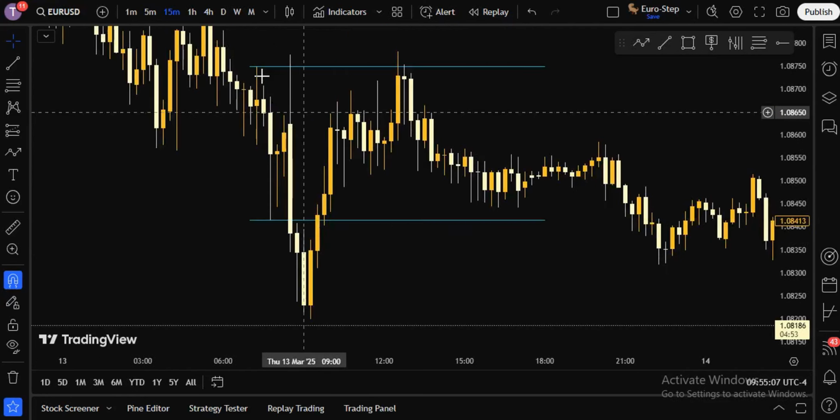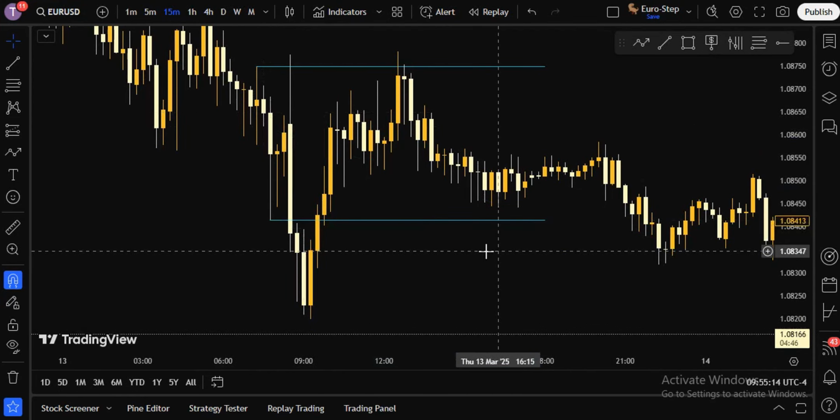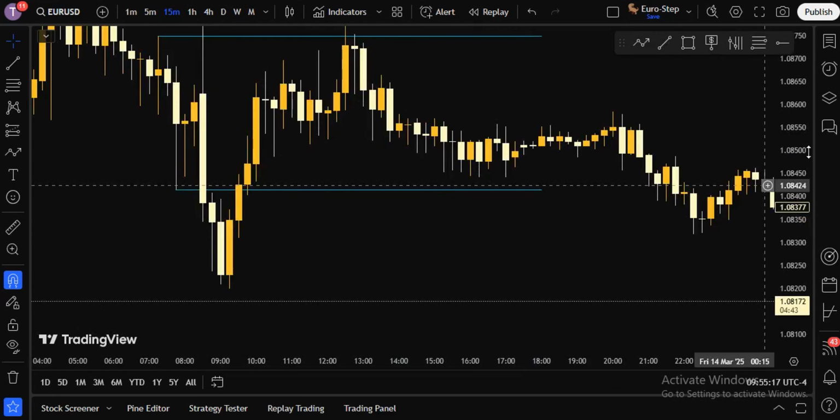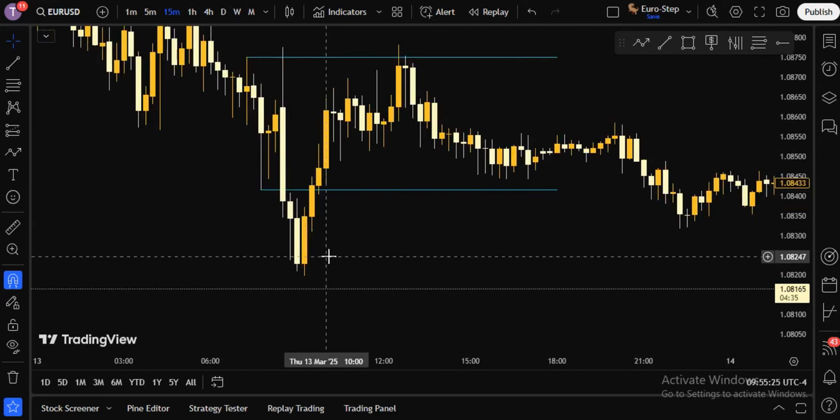From there, we can see that was our highest point from 7 a.m. This time price outlines manipulation on the lower leg, but this is deep into the opening of New York, so this one was a bit trickier.